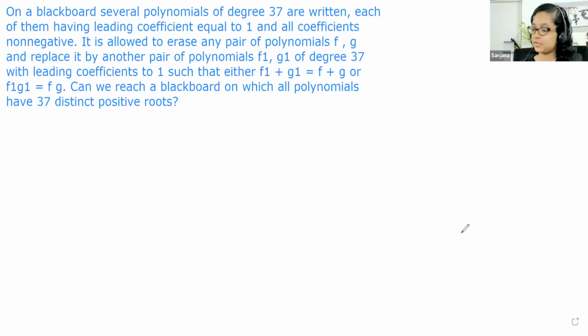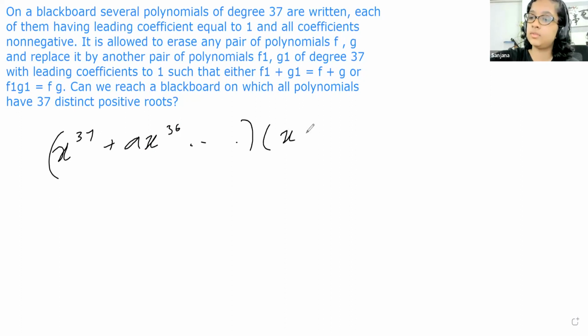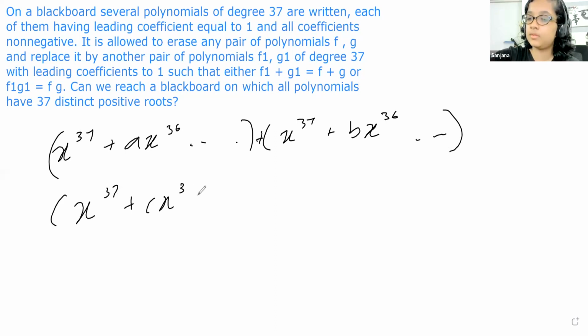What you do is you basically just figure it out and see what happens. Suppose you have some two polynomials, say this and this. Now suppose you do the addition thing first, so you replace them with two more.